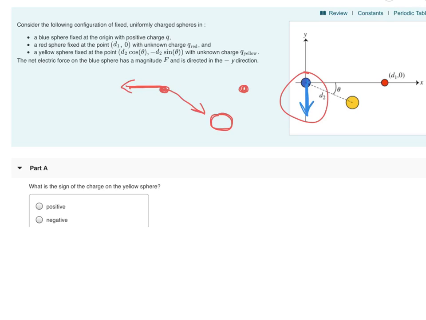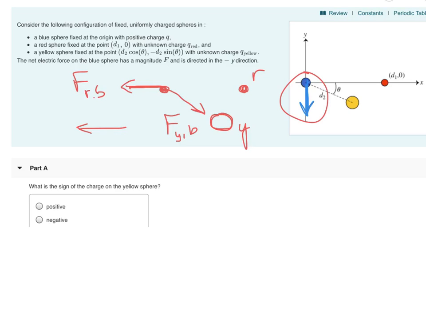There's a repelling force on the blue sphere by the red on blue, and an attracting force by yellow on blue. So those two will come together to form a negative y component.